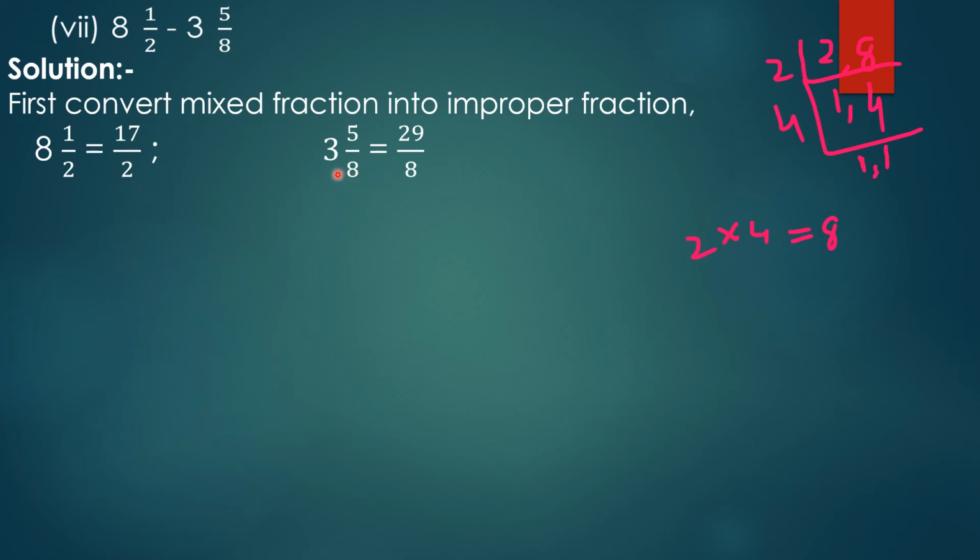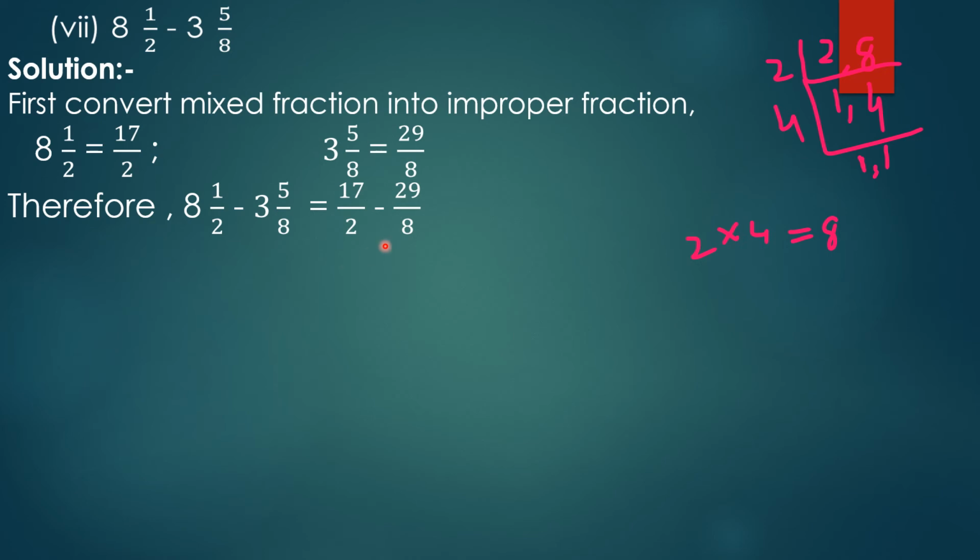Similarly 3 5 by 8. So how to convert this one? 8 3s are 24, 24 plus 5 it is 29. So this will become 29 by 8. Therefore 8 1 by 2 minus 3 5 by 8 equal 17 by 2 minus 29 by 8.